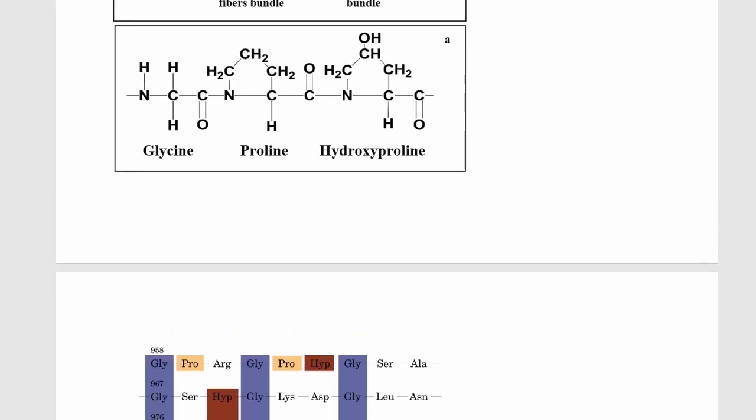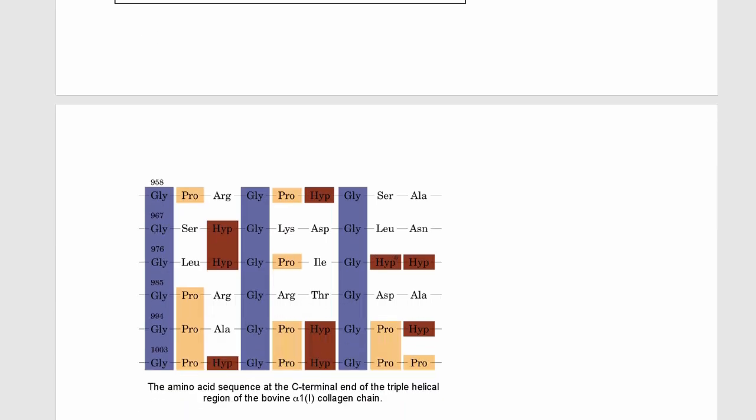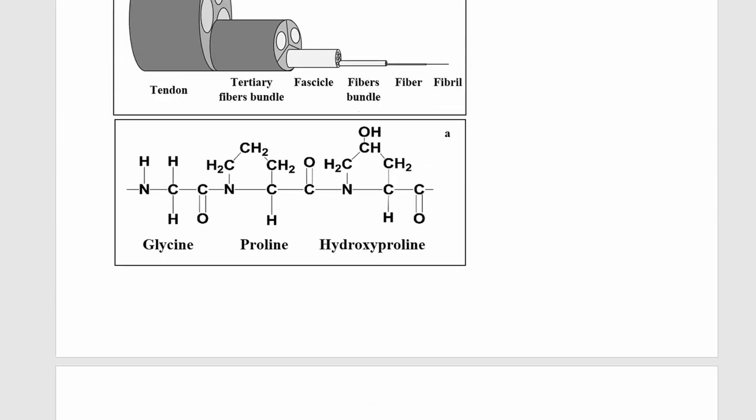So this is what's known as a glycine XY repeat. X usually denotes a proline amino acid, but not always. And this repeating pattern is essential to the formation of the collagen's triple helical structure, and that's what helps contribute to its strength and its stability.